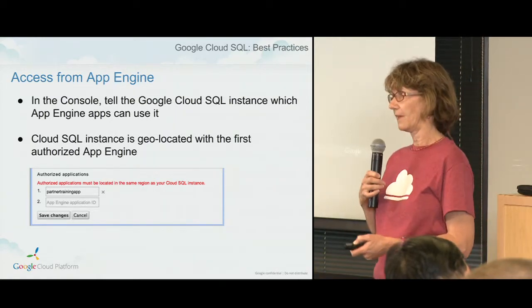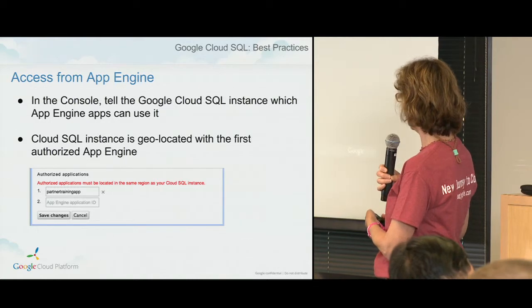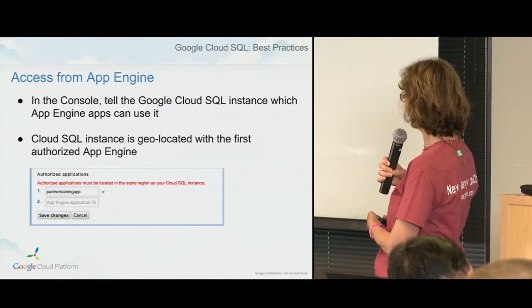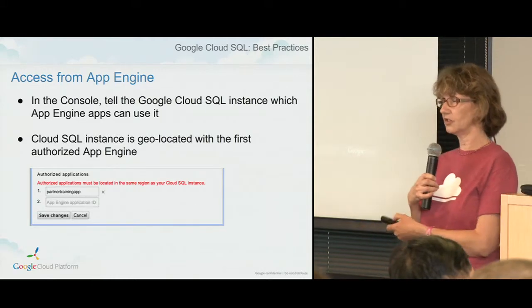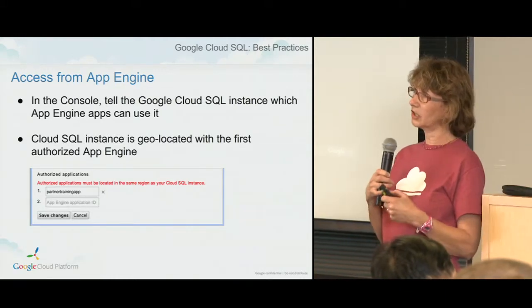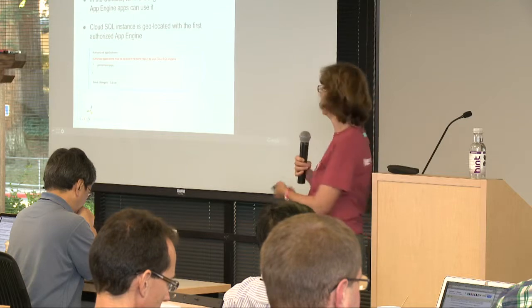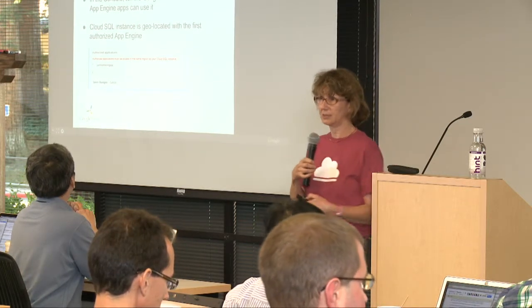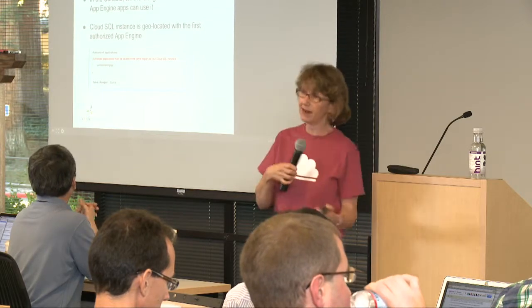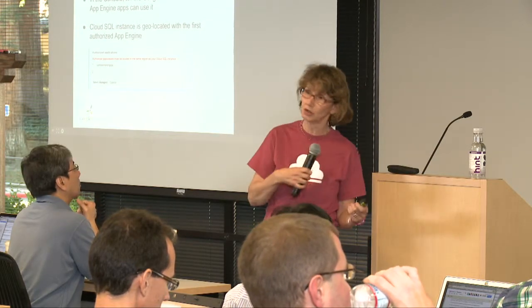So if you have multiple App Engine apps that want to connect to your Google Cloud SQL instance, you should make sure the one that's going to connect to it the most often is at the top of the list, because it's going to become your Cloud SQL instance's best buddy, and everywhere your app goes, the Cloud SQL instance is going to go too. So you want to make sure it goes with the one that it interacts with the most.